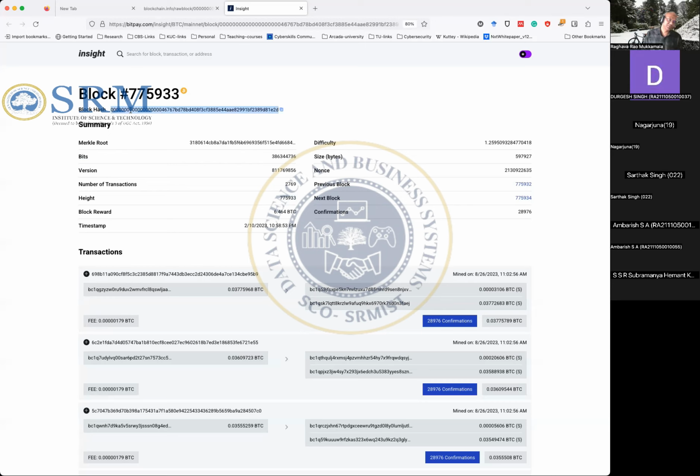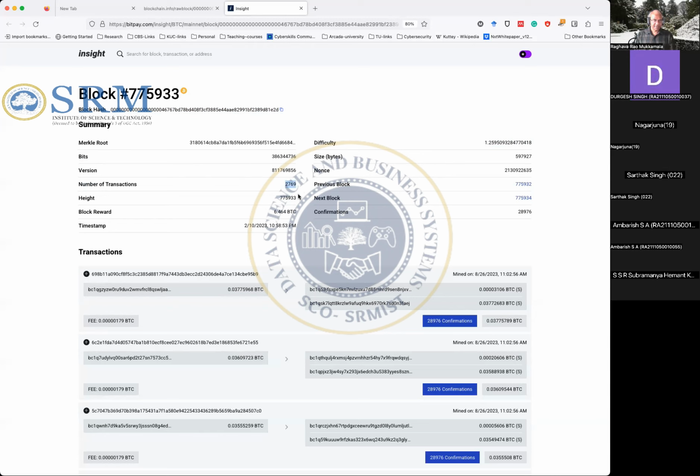Again, I will talk about these things when we come to the mining part, and how the bits are related to the difficulty. So difficulty means the number of trillions of times you have to try to get this hash value.